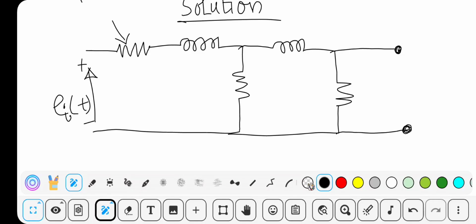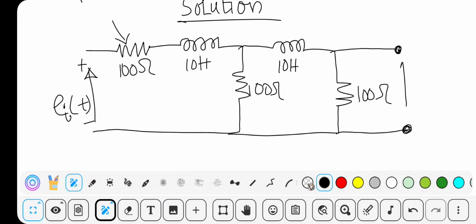You already know I use mesh analysis. The elements are 10 henry, 100 ohms, 100 ohms. This is to find the voltage across the terminals.